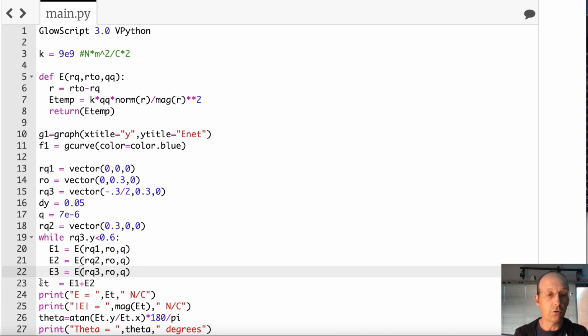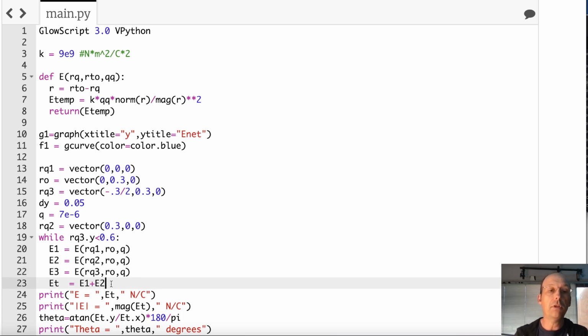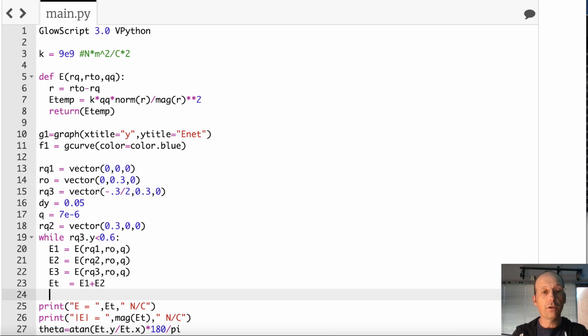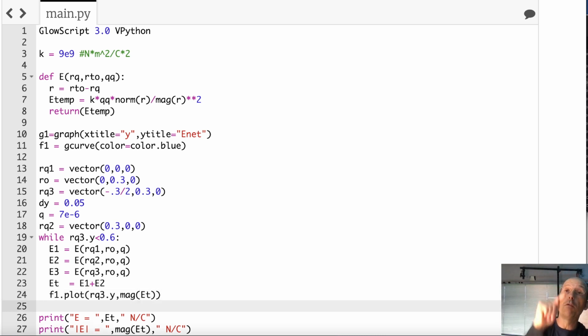And then calculate the total. And then I'm going to plot the y component of that total. So I'm going to say f1.plot et.y. No, I'm going to plot the magnitude of that as a function of y. So rq3.y, mag et.